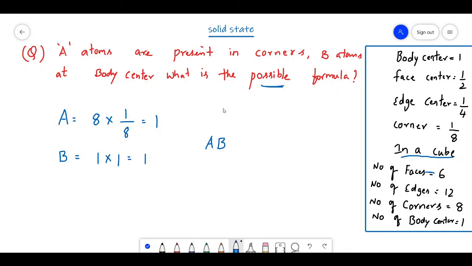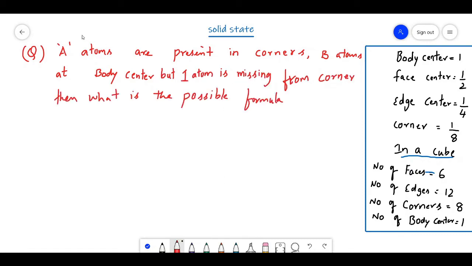So this is how we solve the problem. This is a simple problem, and in this problem you will just change the question. So A atoms are present at corners, B atoms are present at body center, but one atom is missing from corner. Then what is the possible formula? So the solution for this is A atoms are given and A atoms are present at corners.